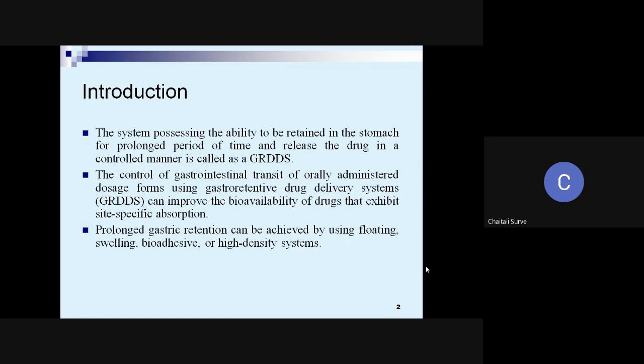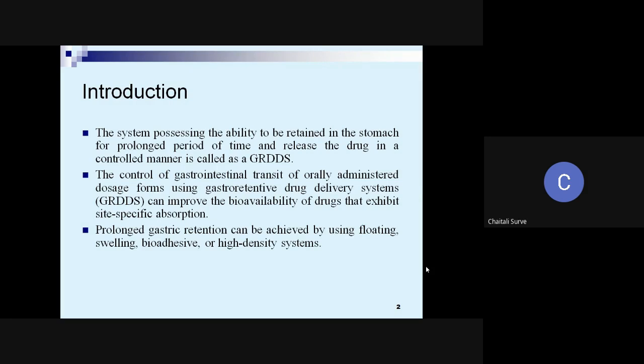Either we make the formulation such that it is floating on the gastric fluids present in the stomach area, so that it is retained in that particular area, or we make it an effervescent kind of system.